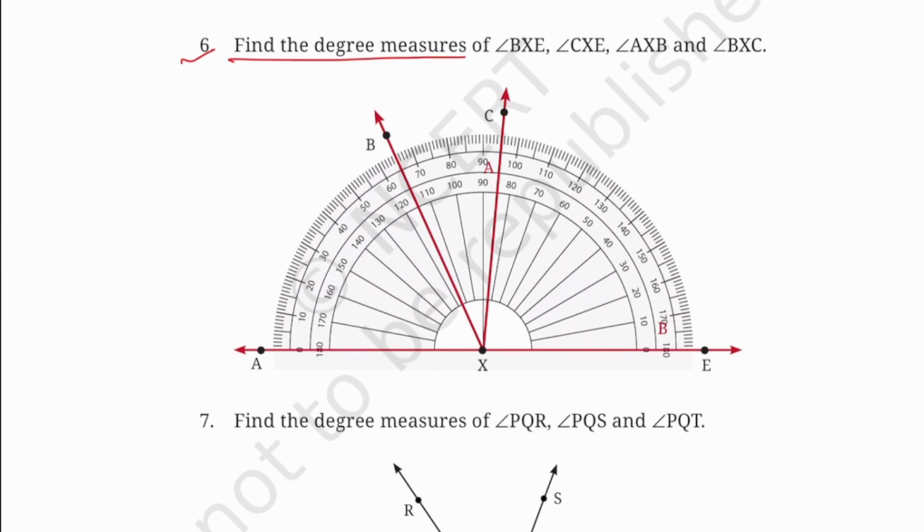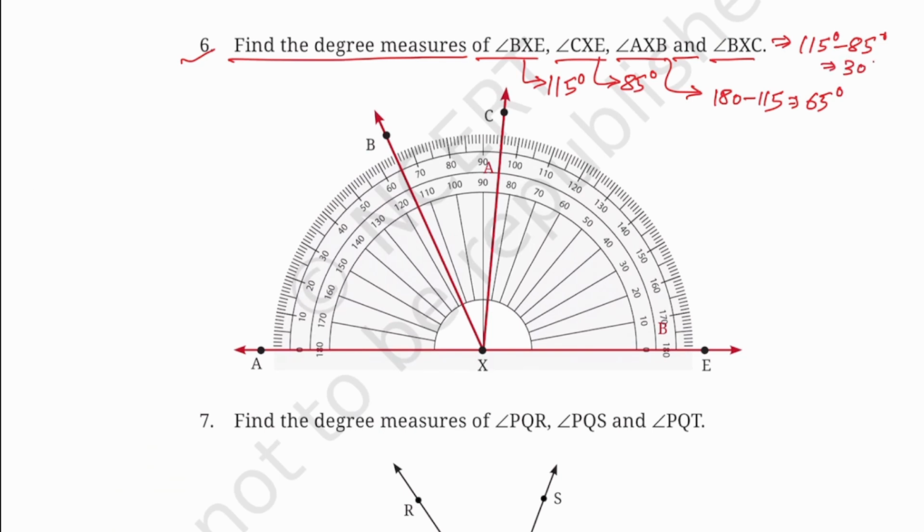6. Find the degree measures of angle BXE, angle CXE, angle AXB and angle BXC. 115 degree, 85 degree, here 180 minus 115 or 65 degree, and the last one 115 degree minus 85 degree, that is equal to 30 degree.